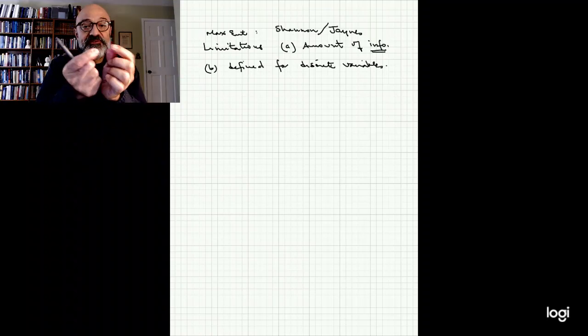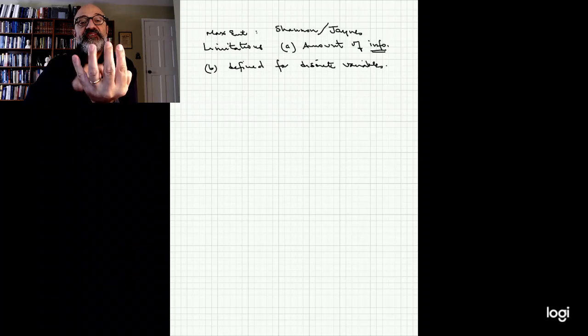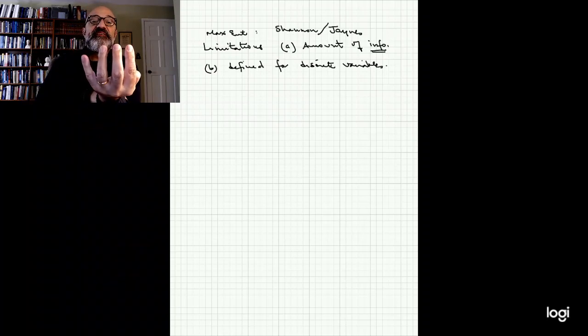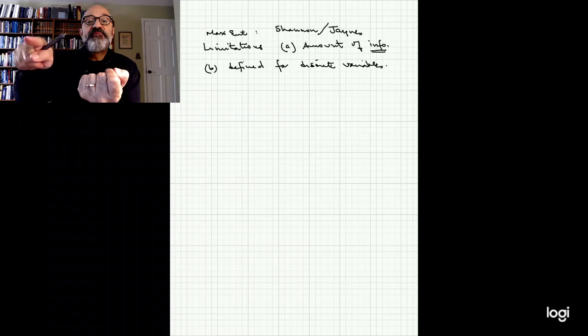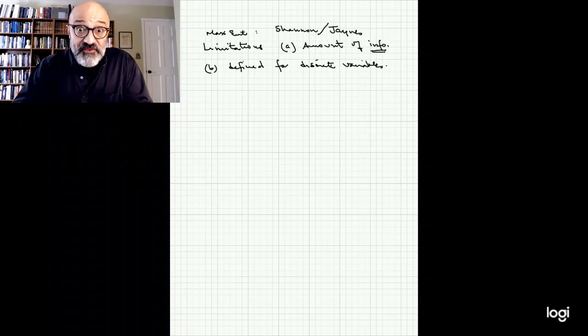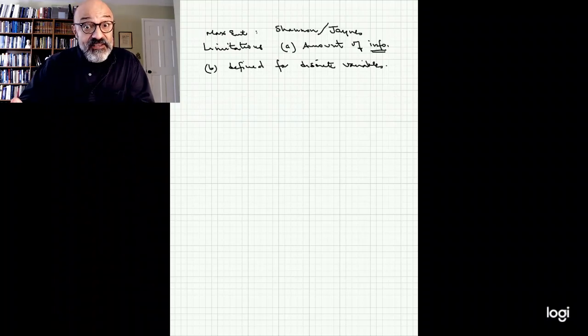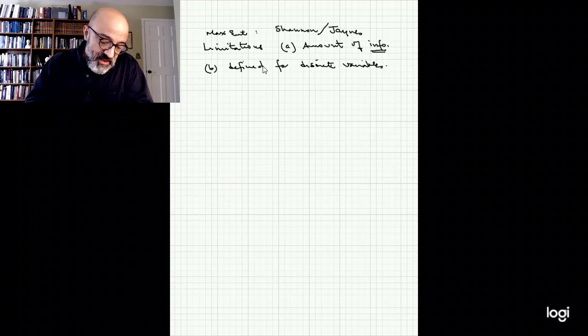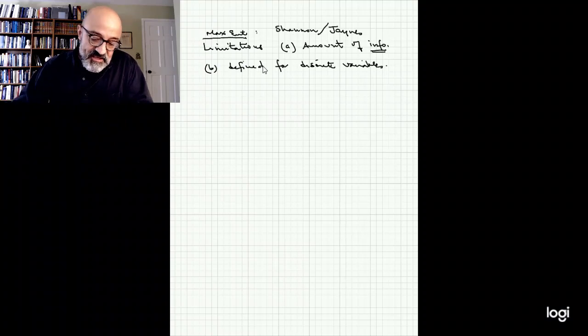Now, if you have to nail down one alternative among a discrete set, that's fine. That's a finite amount of information. But if you want to nail a point in a continuum, the amount of information involved is infinity, right? So the Shannon-Jaynes entropy was limited to discrete variables.